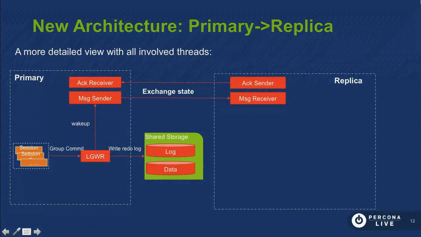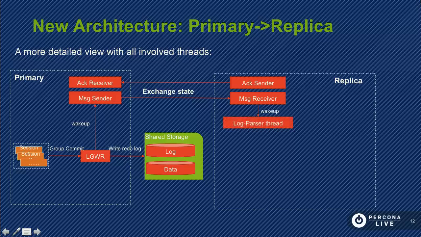And after writing log to shared storage, it will wake up the message sender thread, and the message sender thread will tell the replica where log has been written up to. Actually, the latest LSN will be sent to replica, and also some other messages that I will introduce later.